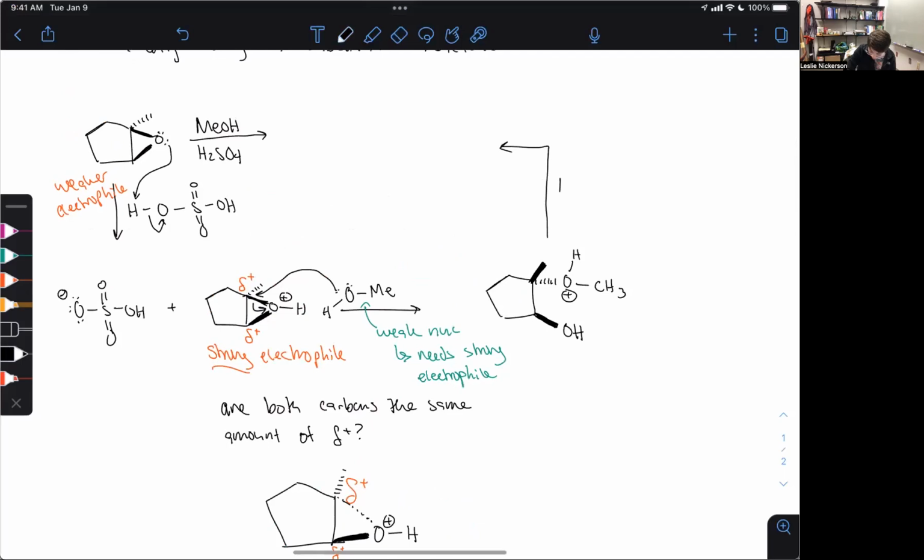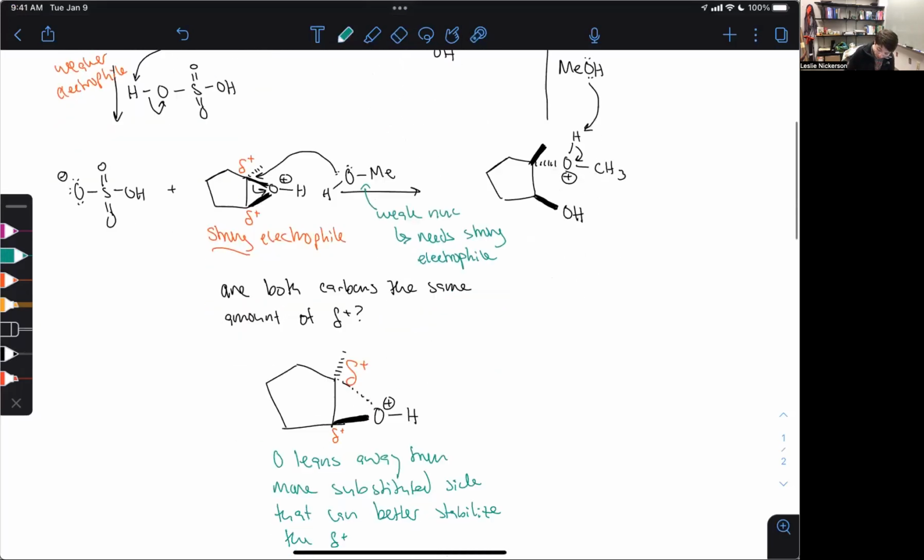I can use methanol as my base here. So I get to this product. Our stereochemistry still gets that anti-relationship between our nucleophile and the oxygen from the epoxide, but now we've got the substitution occurring on the more substituted side.